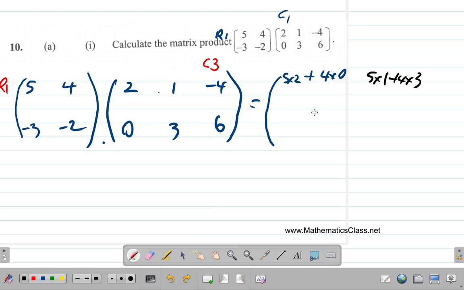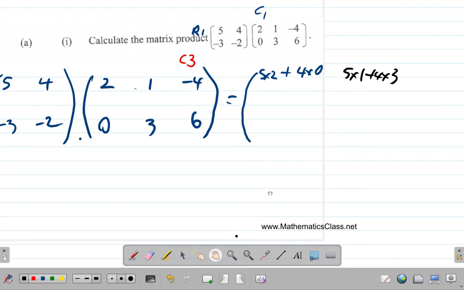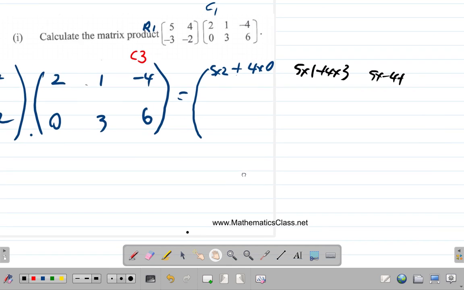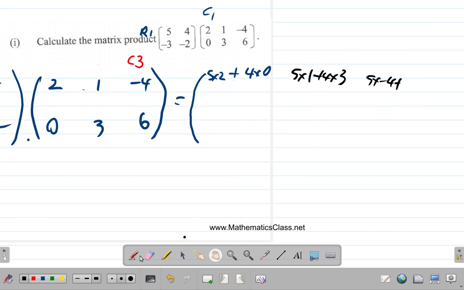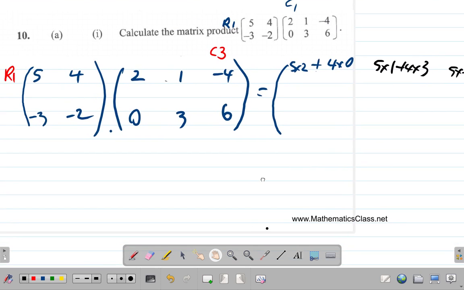So that's the pattern. You have 5 times negative 4 plus 4 times 6.